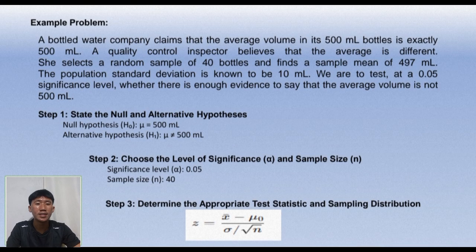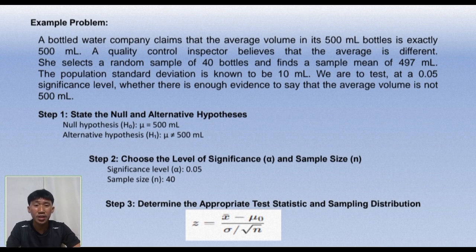We have here an example problem. A bottled water company claims that the average volume in its 500 ml bottles is exactly 500 ml. A quality control inspector believes that the average is different. She selects a random sample of 40 bottles and finds a sample mean of 497 ml.